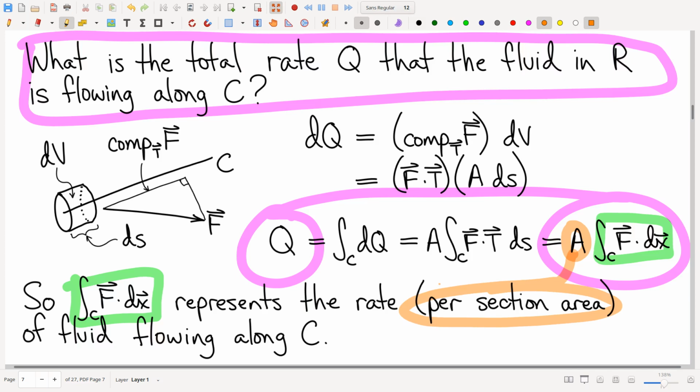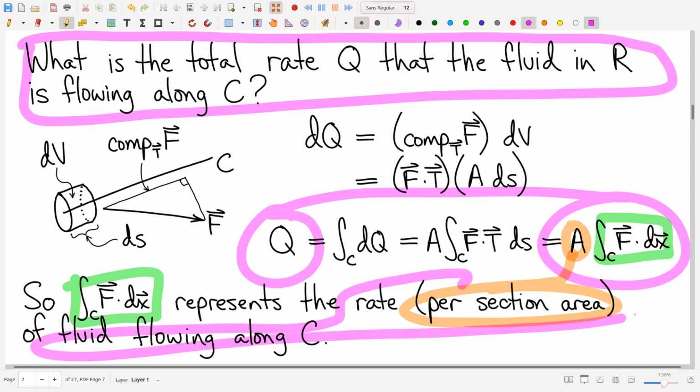Of course more area gives you more flow along the curve because it gives you more fluid to be flowing. So I'm going to phrase it as per unit area, but the answer then is, aside from this area, this line integral is telling you how much the fluid is flowing along the curve. Again, per unit area.